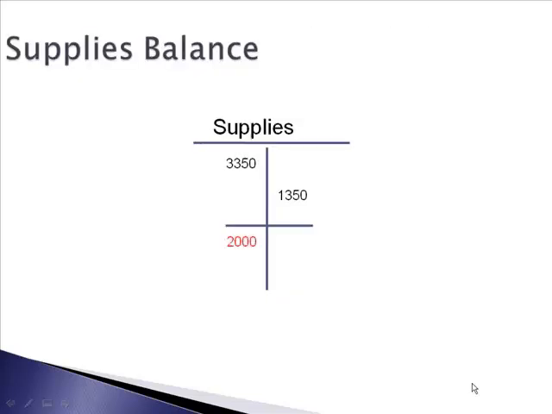And here we see one last look at that T account showing the initial entry of $3,350, the adjusting entry of $1,350, and the balance in the account of $2,000.